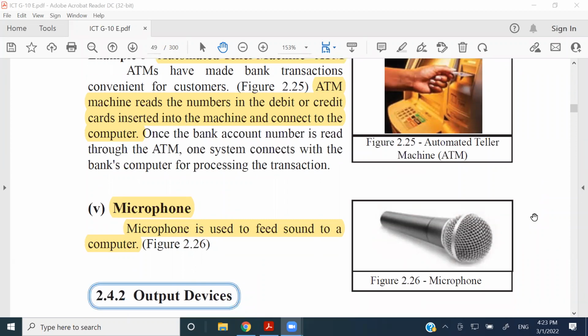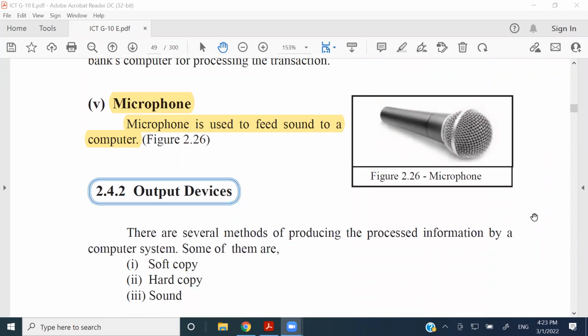All right, so then we can talk about the output devices.